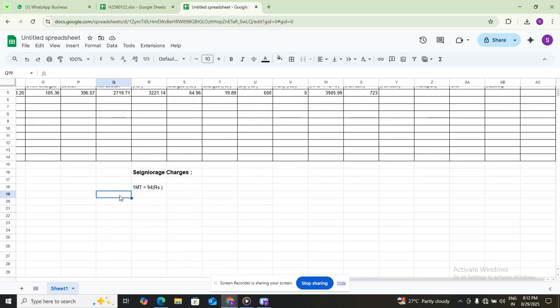First, we write the material. What type of material? We need the density of that material, then only we can convert the material into a meter cube value. 94 is not a constant; we have to use the values.